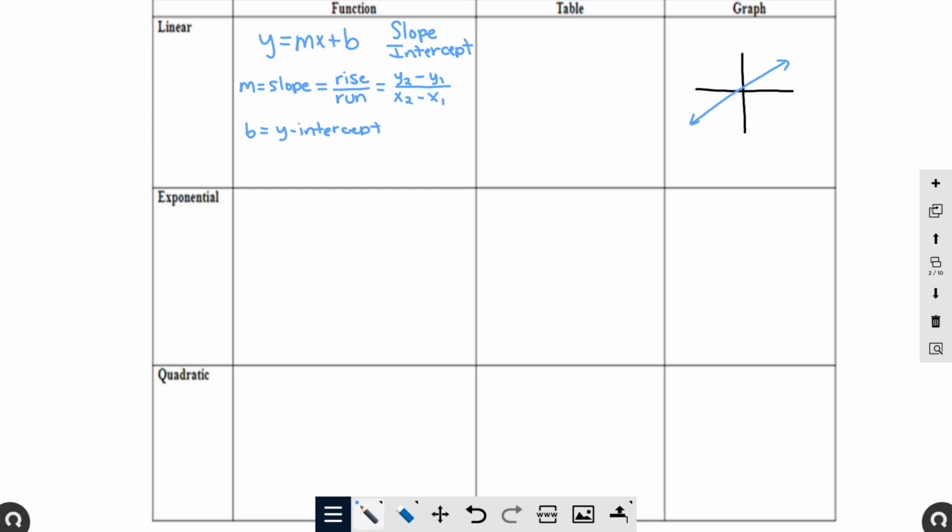All right, tables. I'm going to give you a little description of what the tables look like, because that will help us with something else that we do later on.